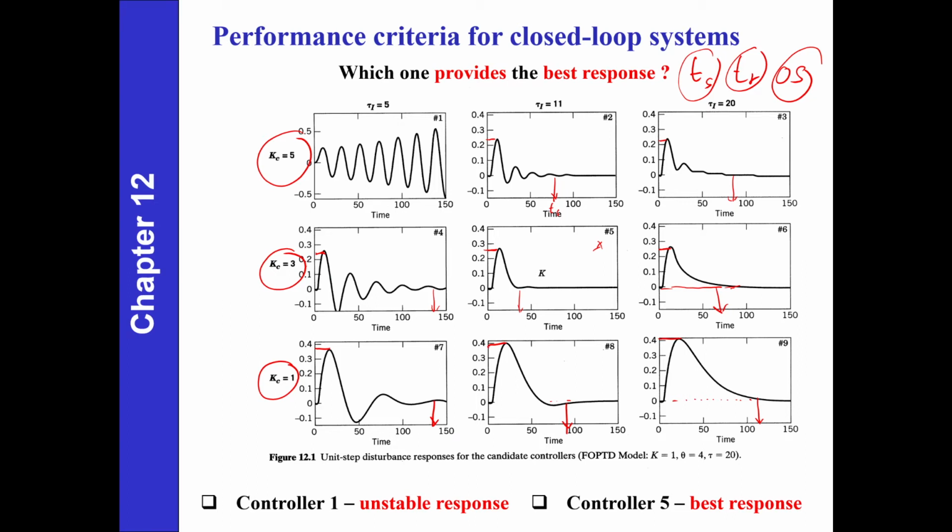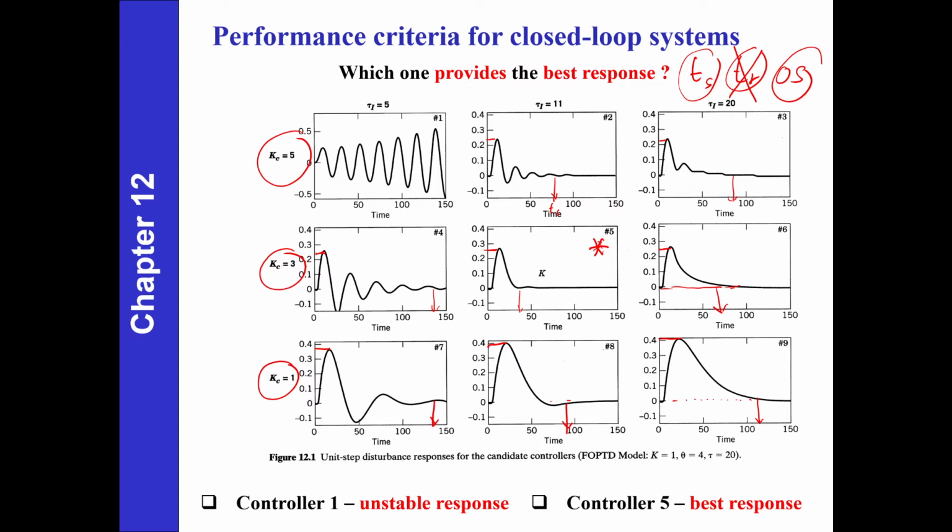Okay? And then the rise time is difficult to see here. Maybe we don't need rise time here. Just enough when we have the settling time and oscillation. Okay? So do you agree that this controller number 5 is the best response because it has the shortest settling time together with the least oscillation?